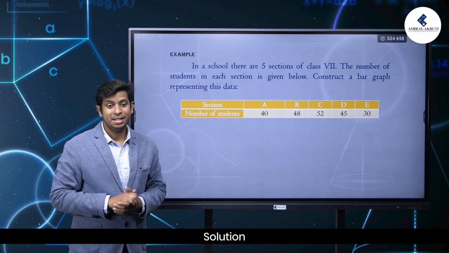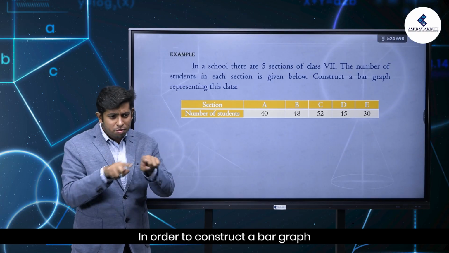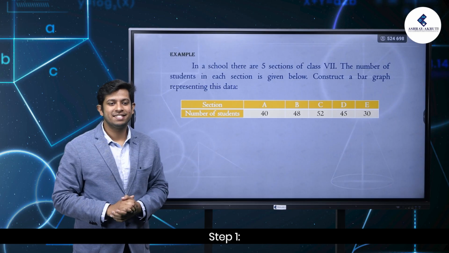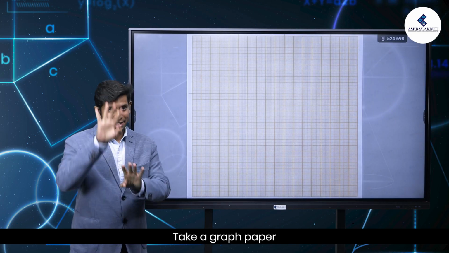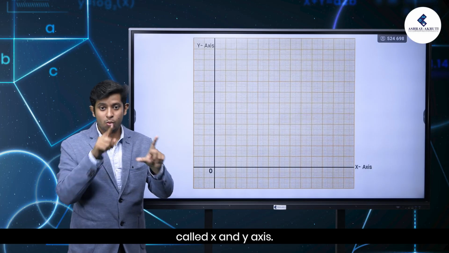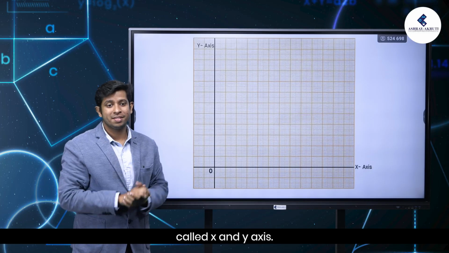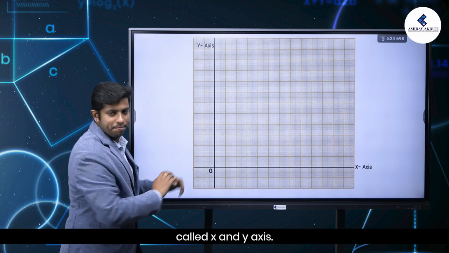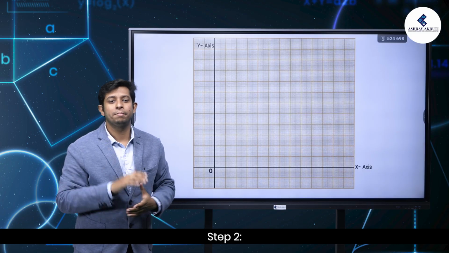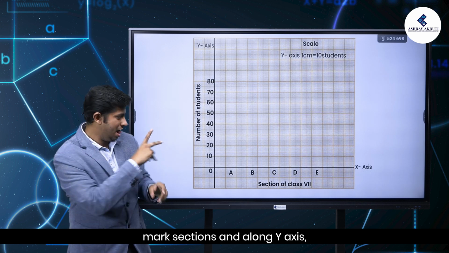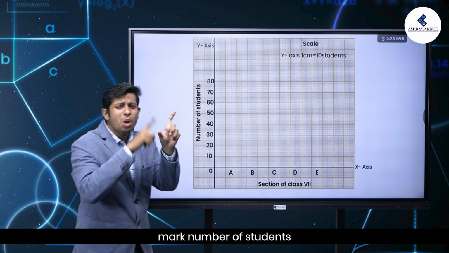Solution. In order to construct a bar graph representing the above data, we follow the following steps. Step 1. Take a graph paper and draw two mutually perpendicular lines called x and y axis. Step 2. Along x-axis, mark sections, and along y-axis, mark number of students.